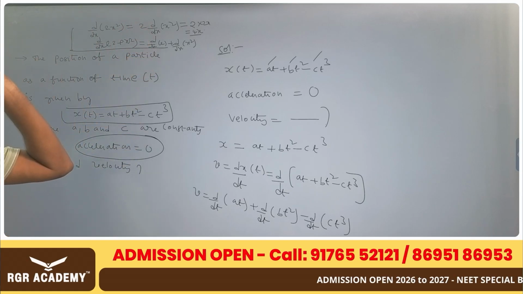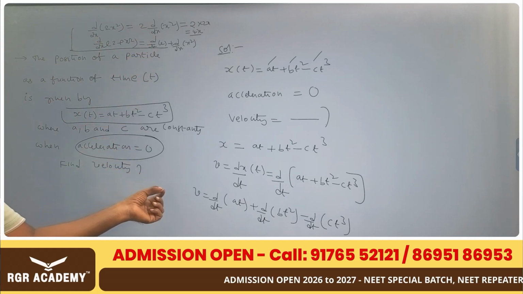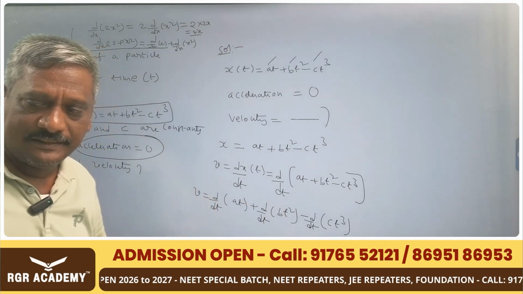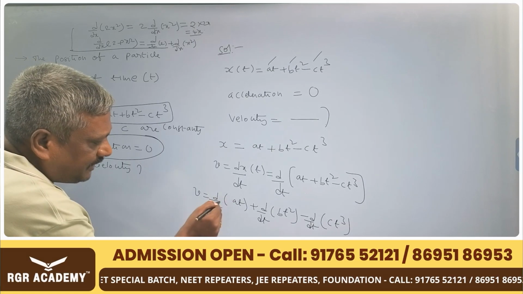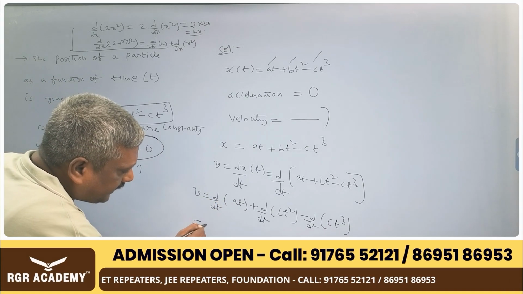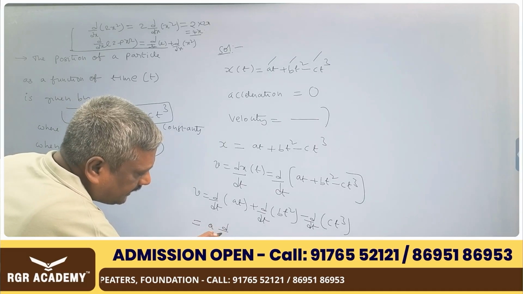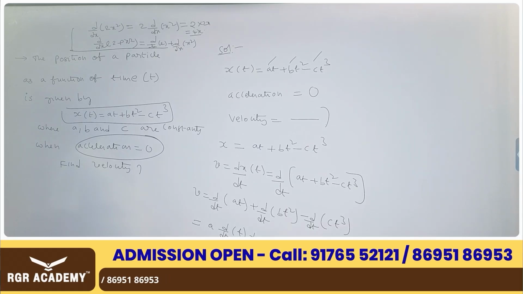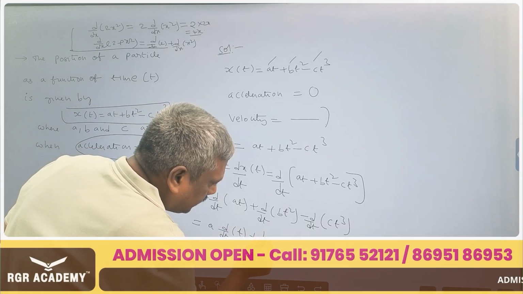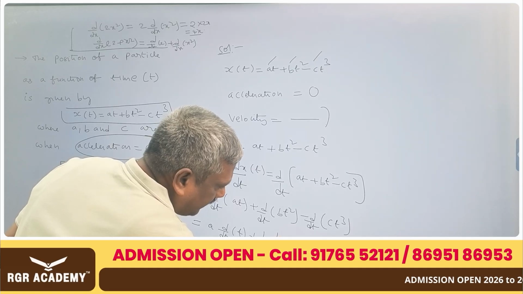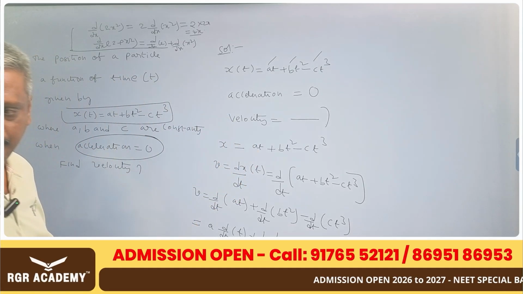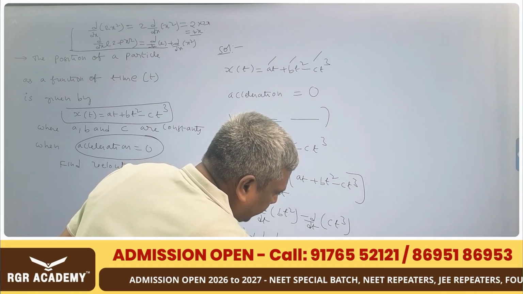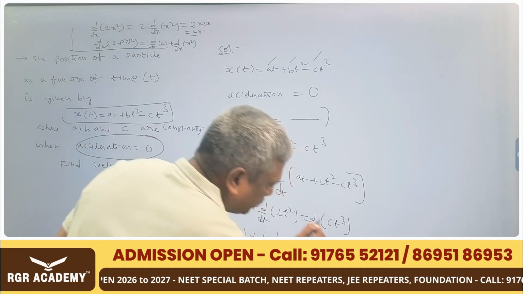This is the general differentiation concept. How can you apply it here? It can be split into 3 terms. D by dt of at: a can be taken outside, a into d by dt of t, plus the second one, b into d by dt of t squared, minus c into d by dt of t cube.